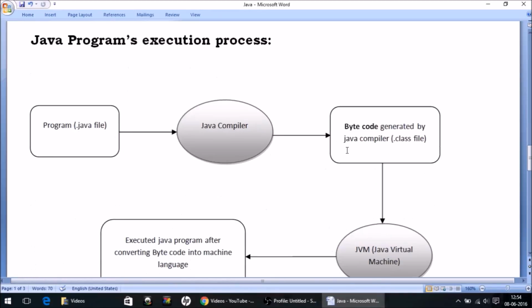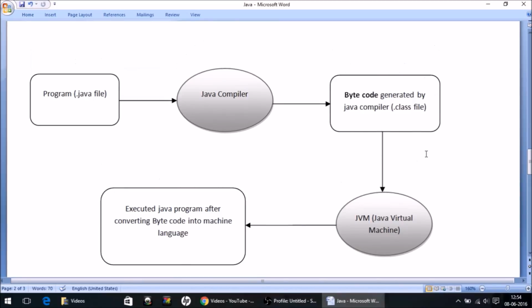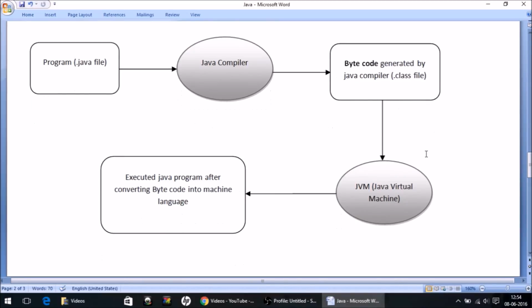And in this case, the JVM is responsible for executing all the bytecodes which was generated by the Java compiler for any program. So the advantage of having this approach is we don't need to worry about which operating system we are developing the Java program on.